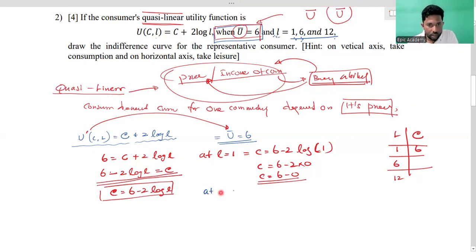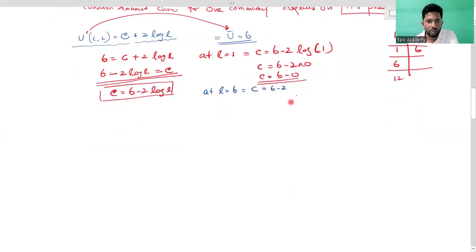At L equals 6, C equals 6 minus 2 log 6.